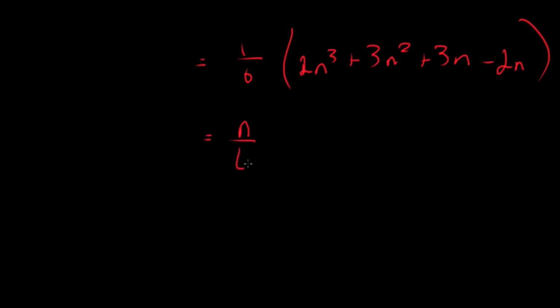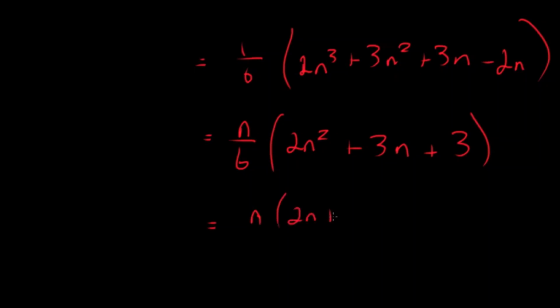So n divided by 6, 2n squared plus 3n. What is that going to be? Plus n. Or sorry, plus 3, because we factored out the n. And then this thing factors, I believe, right? Yeah. n times 2n plus 1 times n plus 1 all over 6. Yeah, there we go. Nice.